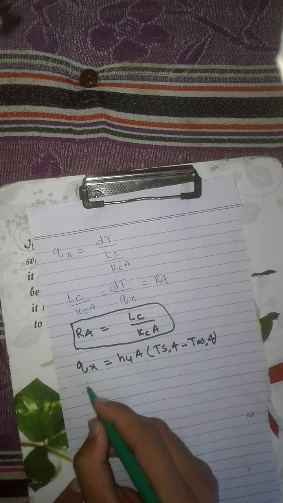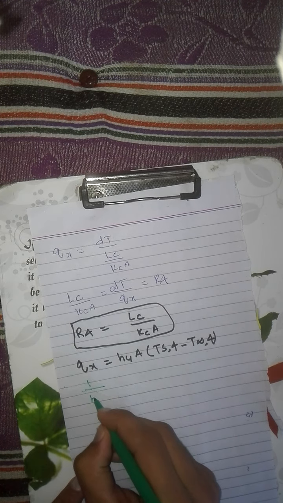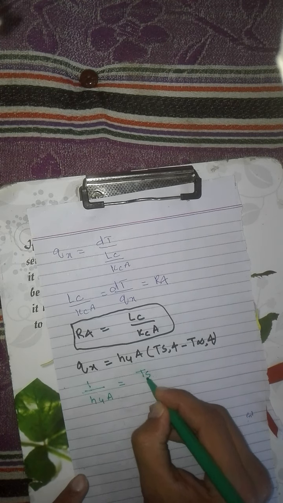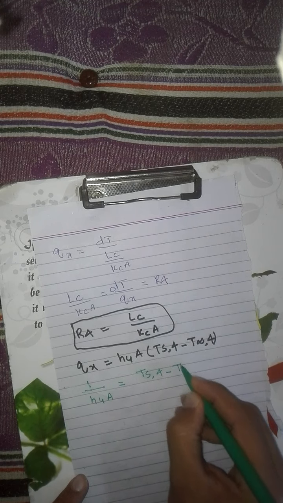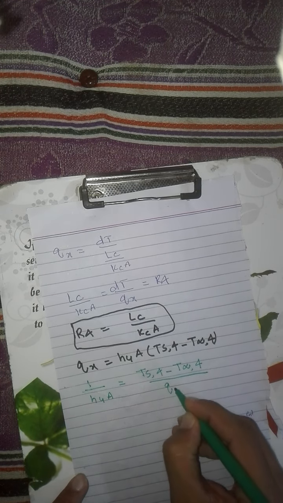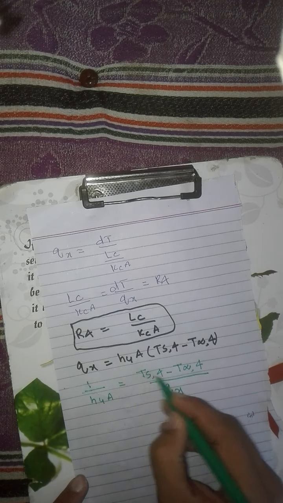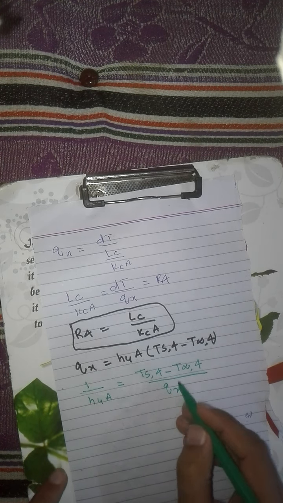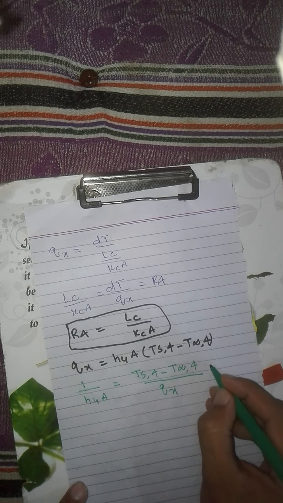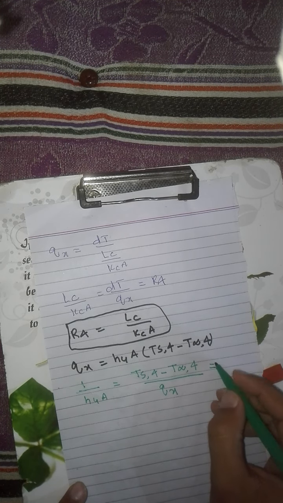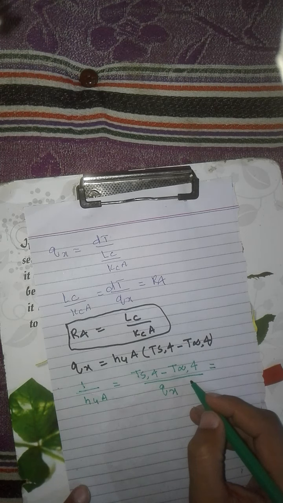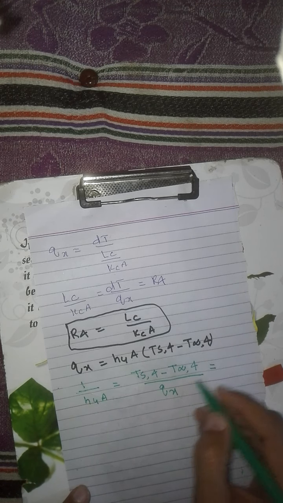Suppose 1 over H4 into area is equal to Ts4 minus T infinity 4 divided by Q of xo. Again, this is the temperature difference divided by the heat rate due to this temperature difference, and the ratio of these quantities is called the resistance to the heat transfer, which is provided by the fluid.